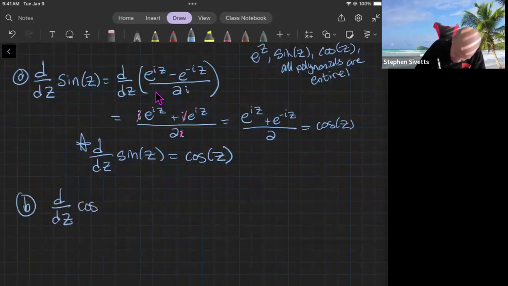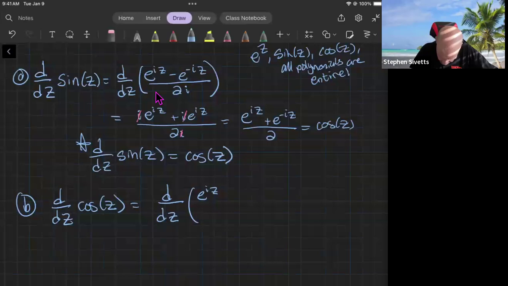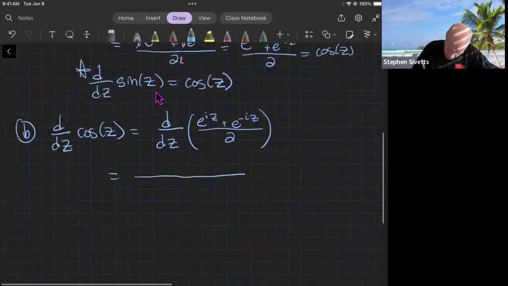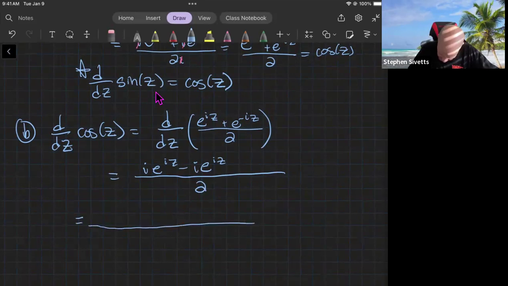So if I want to differentiate cosine of z, all we do is apply this differentiation rule to this sum of two functions, e to the iz plus e to the minus iz, over 2. So this equals i times e to the iz minus i times e to the minus iz, divided by 2. So this equals i times the quantity e to the iz minus e to the minus iz, over 2.